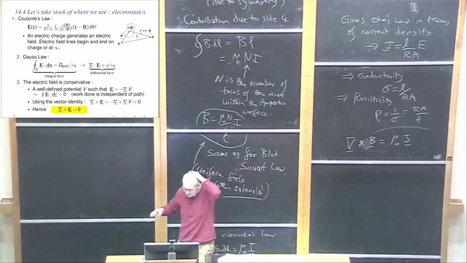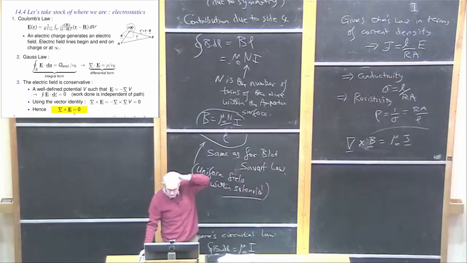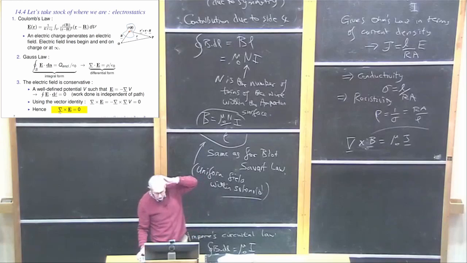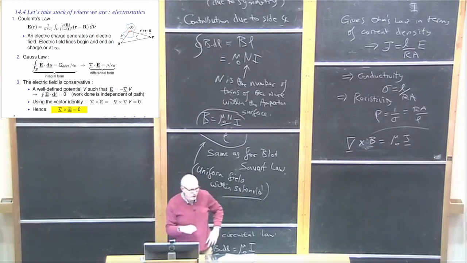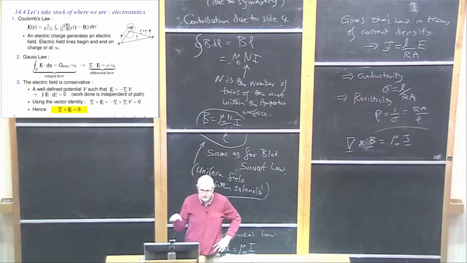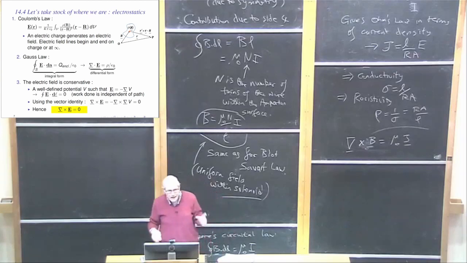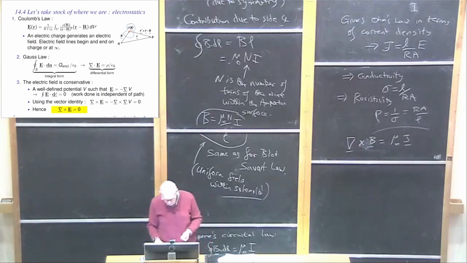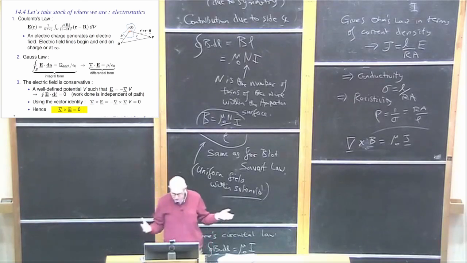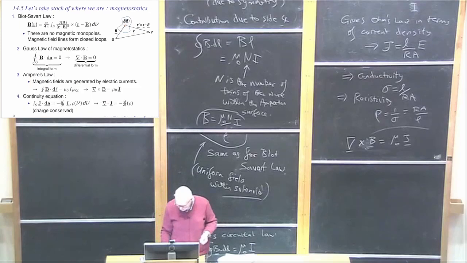It just means that it's conservative. So this gives you the curl of E is naught. It's not one of Maxwell's equations, but it's Maxwell's equation without any time-varying magnetic fields. So that's all about electrostatics.